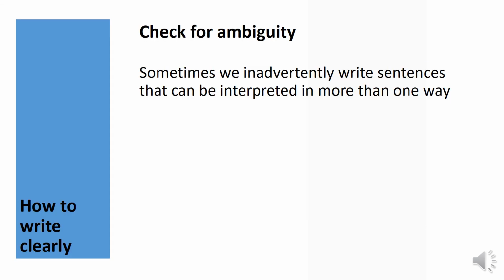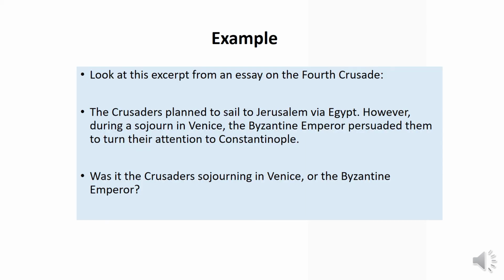Another way to write clearly is checking for ambiguity. Sometimes we inadvertently write sentences that can be interpreted in more than one way. For example, look at this excerpt from an essay on the Fourth Crusade. The Crusaders planned to sail to Jerusalem via Egypt.